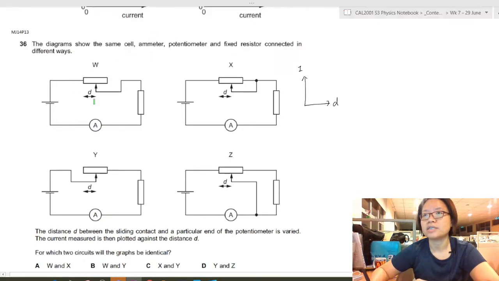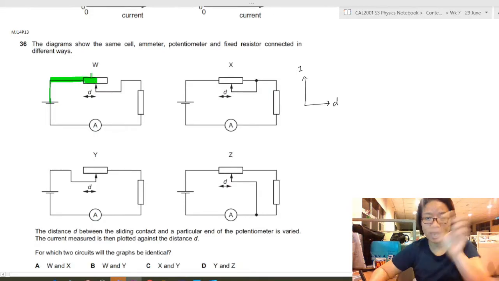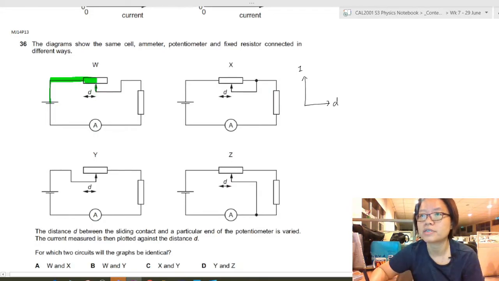Let's consider this circuit. When the current flows out from the positive terminal, it will pass through here, bypass the D length portion of the resistor before exiting through the jockey and coming like this, and then passing through the whole resistor here, and then going home.